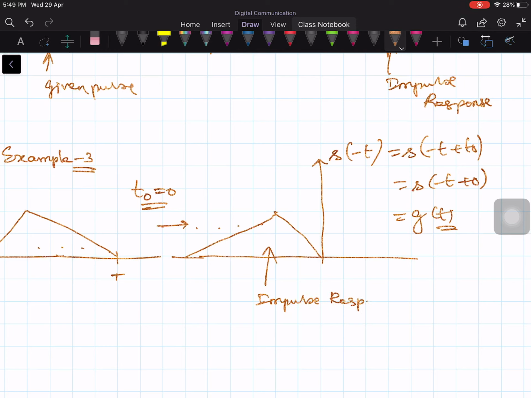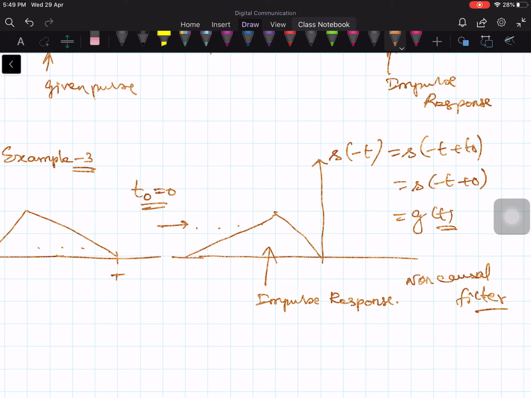Now the only thing is, it is a non-causal filter. When it is a non-causal filter, you cannot realize that filter, physically or practically.